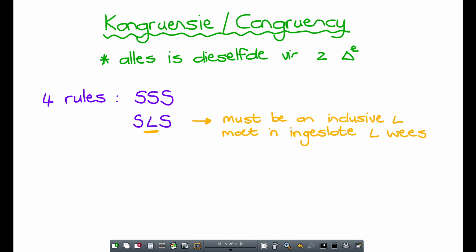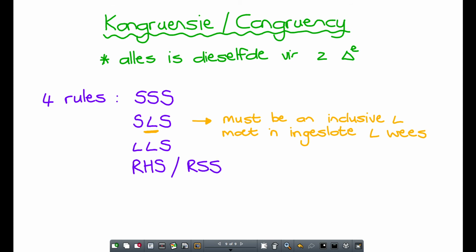Now my third rule is going to be angle, angle, side. So 2 angles and a side. And then my last rule, English people, we talk about RHS, Afrikaanse mense, RSS, reghoek, skynsy, sy.